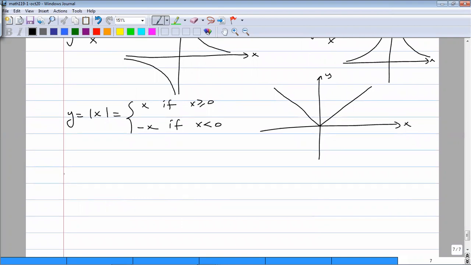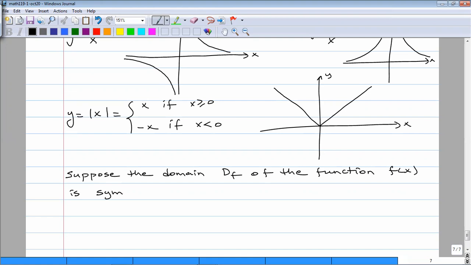Okay, now I want to define even and odd functions. So suppose the domain of the function f of x is symmetric with respect to x equals 0.